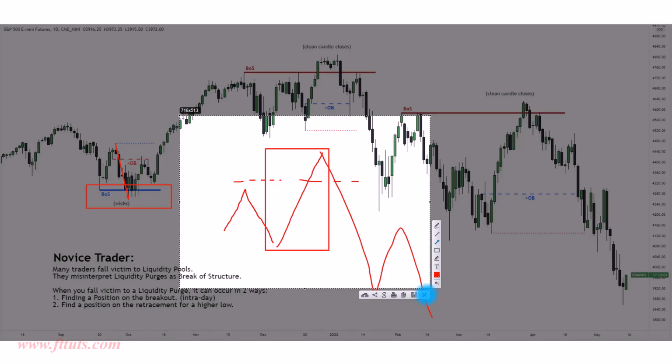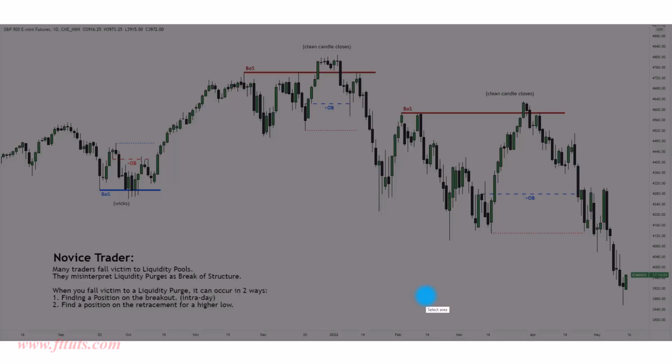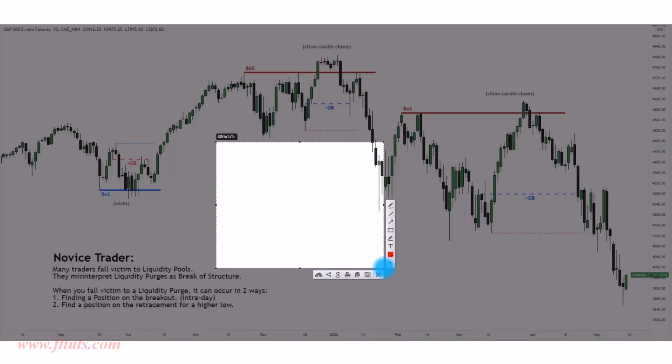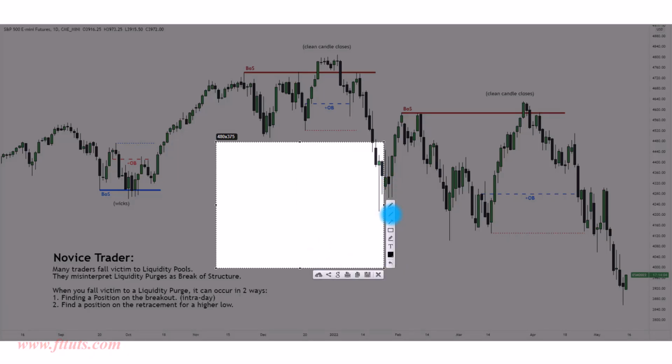The problem though is a lot of traders misinterpret liquidity purges as a break of market structure. So there's a high, low, high, high.